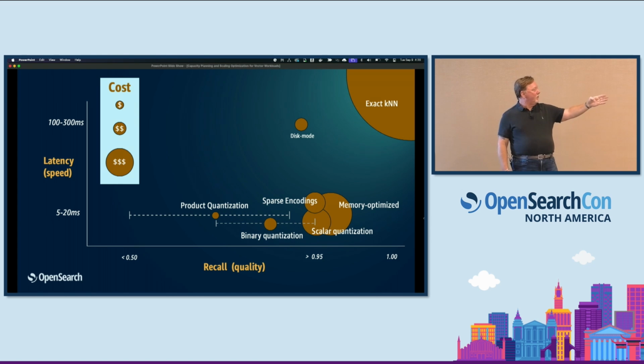We have our codings in terms of memory optimized: scalar, sparse, we didn't talk about sparse, binary quantization, product quantization, varying on the accuracy and all kind of similar in the latency characteristics. And with some variation in terms of cost, but generally lower in cost.